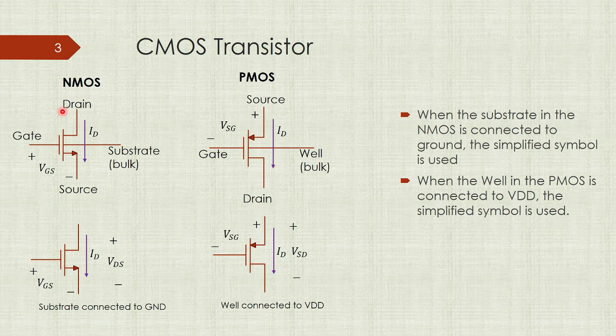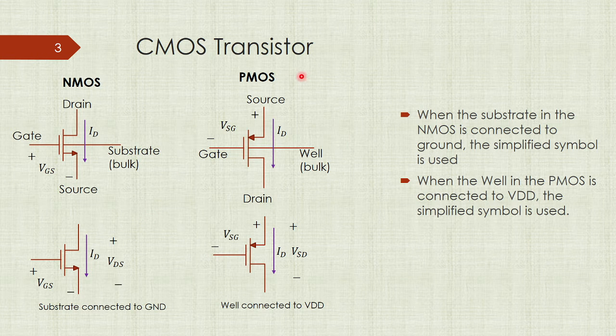In both transistors, we have 4 terminals: drain, source, gate, and substrate. The current in the NMOS flows from drain to source when we inject a voltage between the gate and the source. Notice that here the gate voltage should be greater than the source in order to generate this current. If the substrate is connected to the ground, then we can use a 3-terminal figure as you see below.